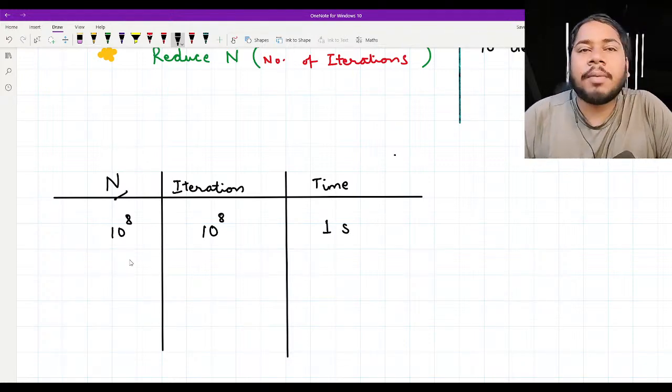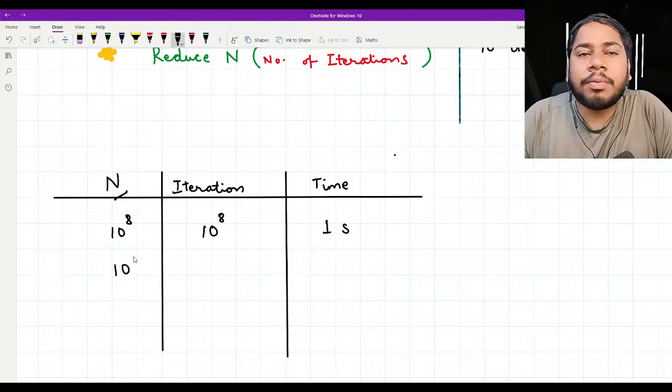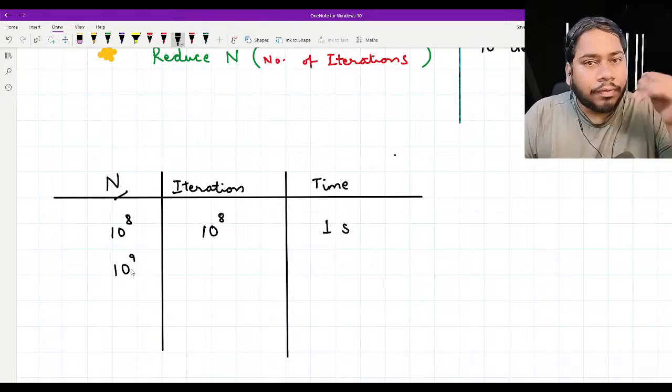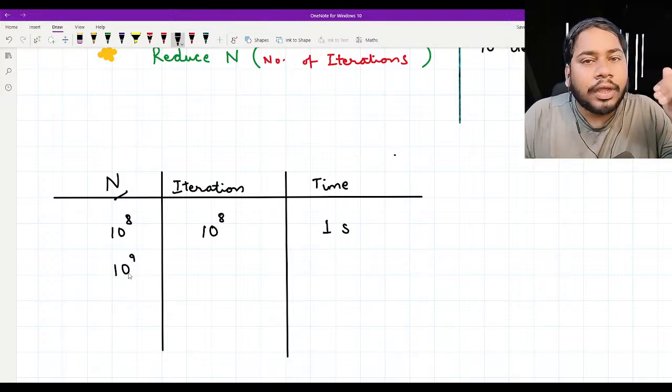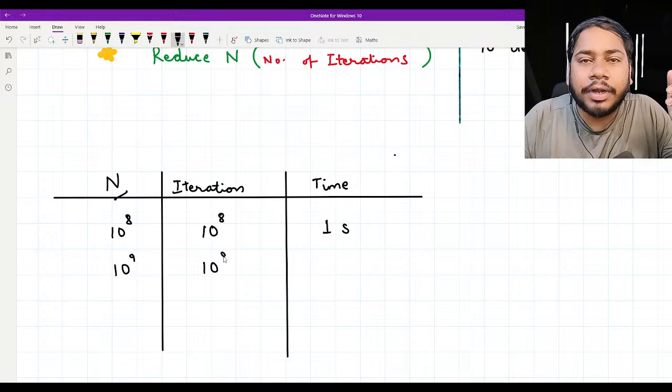And if we have n as 10 to the power 9, like we are trying to get all the factors of 10 to the power 9, then the number of iterations will be 10 to the power 9.